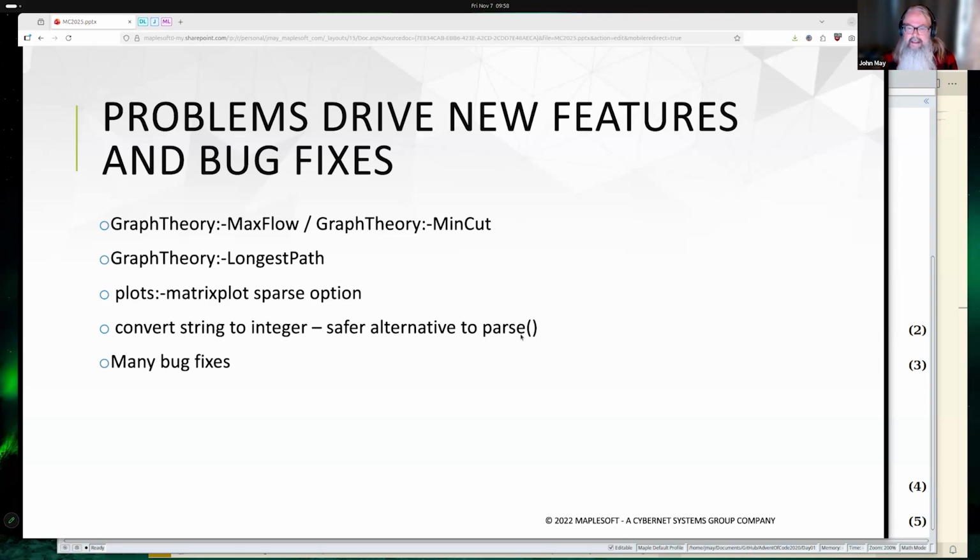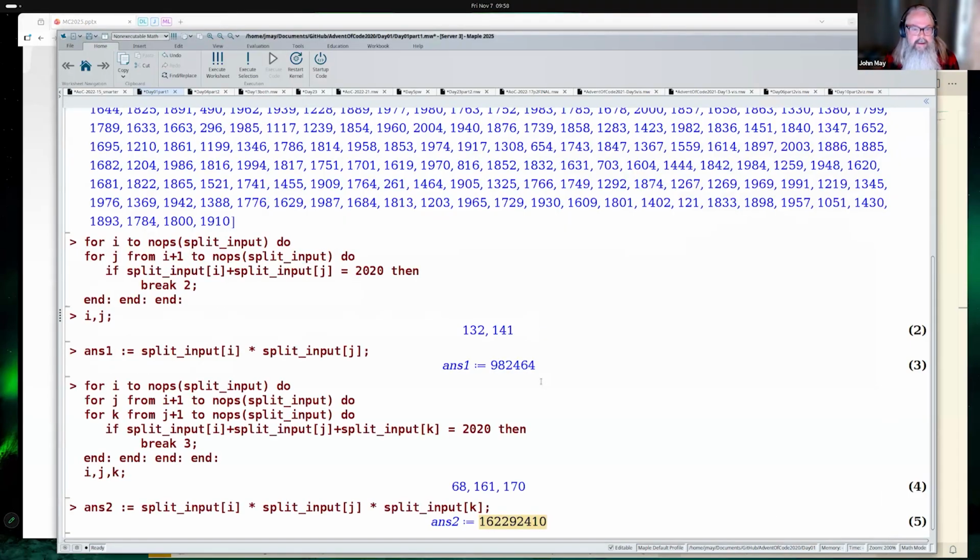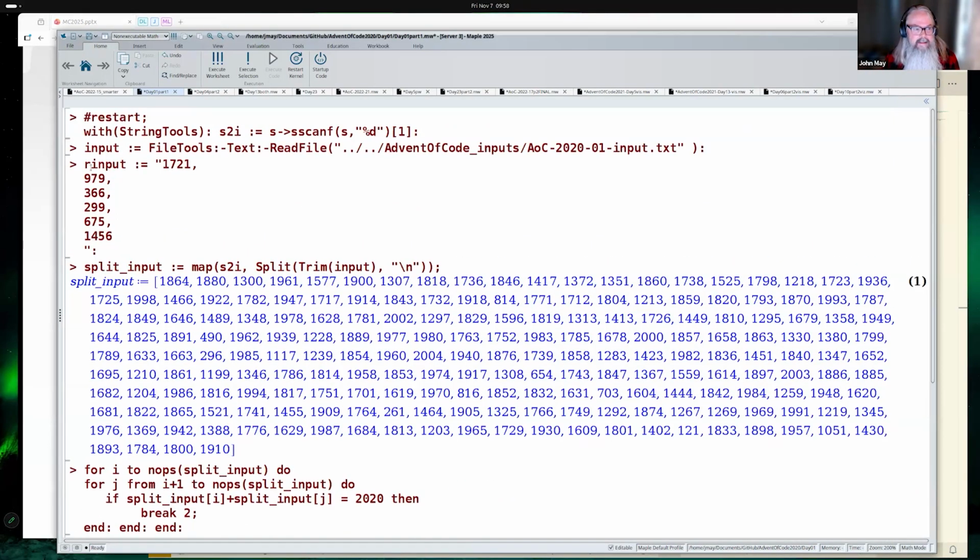Lots of times you want to turn a string into an integer. All your inputs from Advent of Code come in as a string, and you read them from a text file. There are other ways to read things, but generally you have strings and you want to turn them into numbers, and it's a bad habit to use parse on strings that you downloaded from the internet.